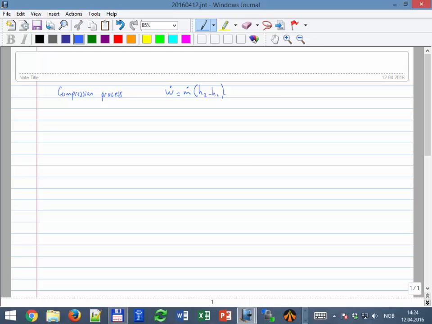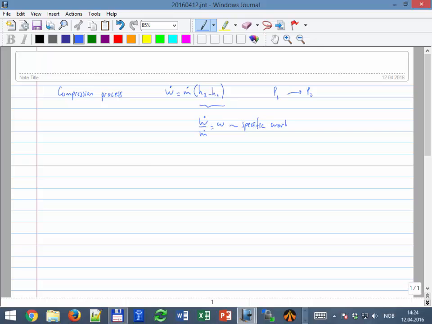And the most natural way to try to calculate this H is to say first, what is the smallest delta H that we need to compress from P1 to a certain P2? What is the smallest amount of work? This W over m, we call the specific work, right? I think you remember that from thermodynamics.